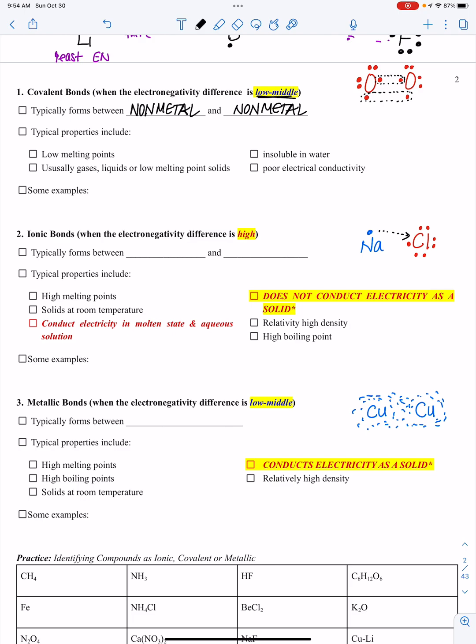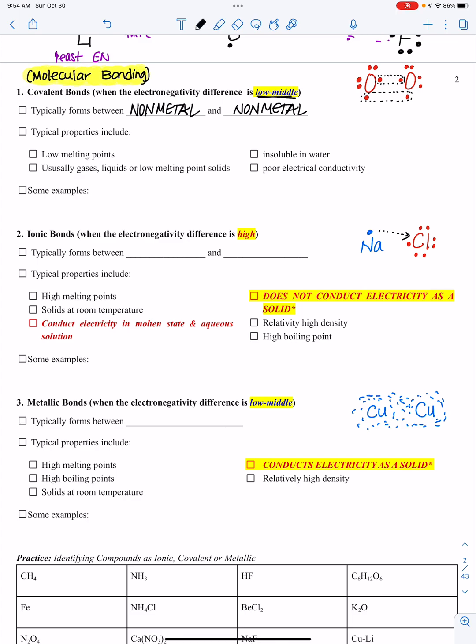Two non-metals. So when the electronegativity difference is kind of small, and we'll talk more about that in our next set of lectures, that's going to be telling us that we have covalent, or sometimes another word would be molecular bonding. Please write that in. Another word for covalent would be molecular bonding, just in case.